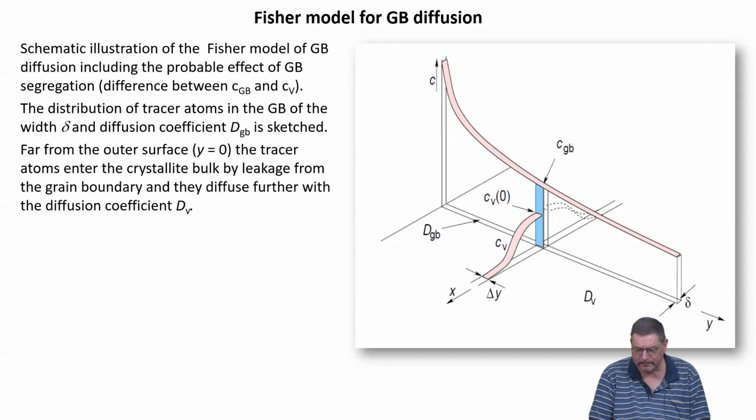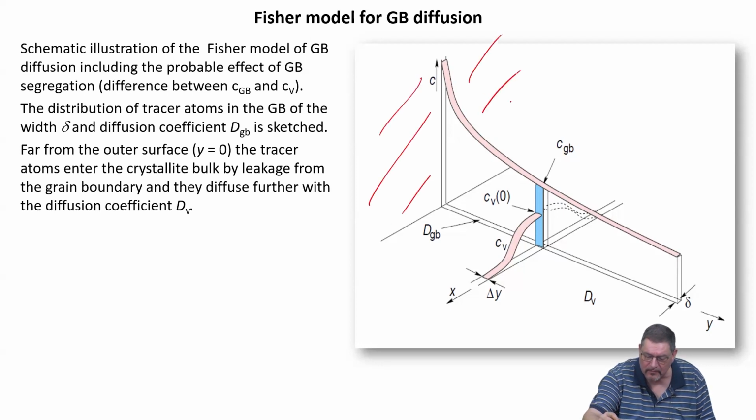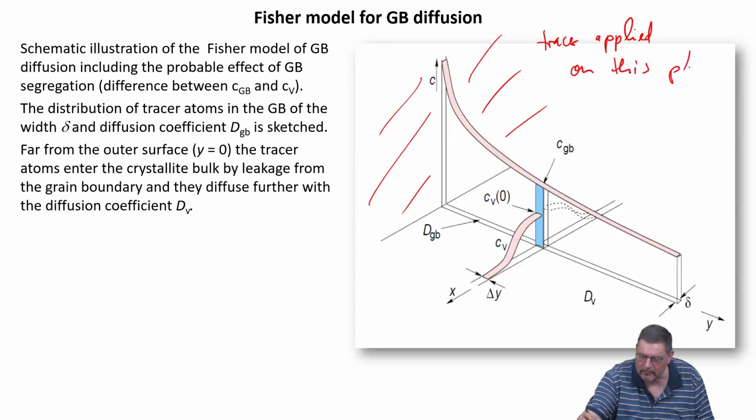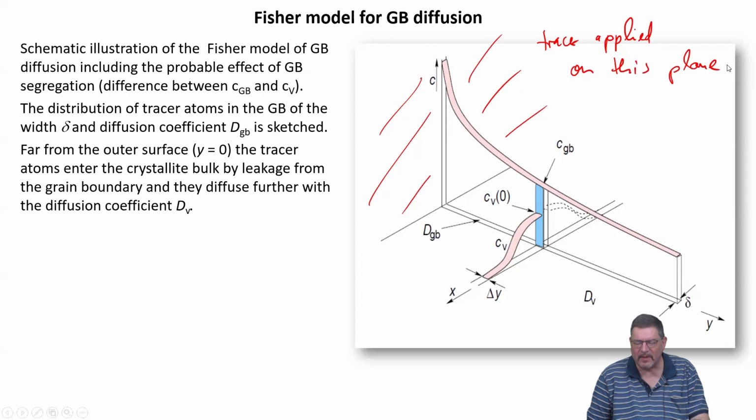What you see here is a representation of a single grain boundary. It has a certain width delta, otherwise it's extended in 2 dimensions. And if the tracer is applied on this plane, then obviously if you allow it to diffuse in, it would certainly go into the volume.